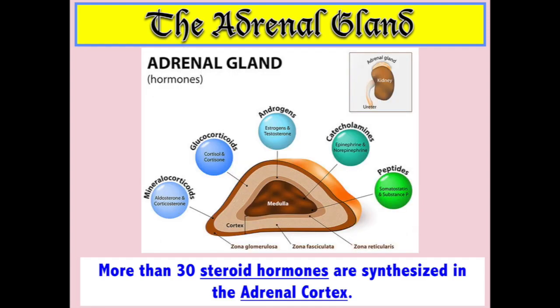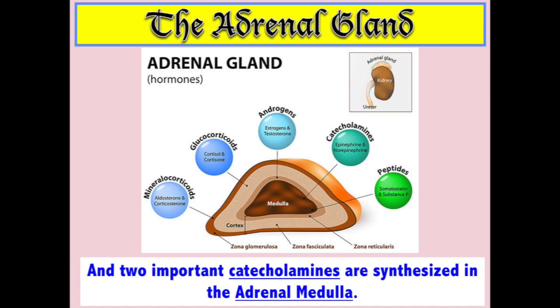The thing that I want to show you with this slide is not only are corticosteroids made, but also if you look at the medulla, the middle of the adrenal gland, you'll see that catecholamines are made there. And that's where our epinephrine and norepinephrine are synthesized.